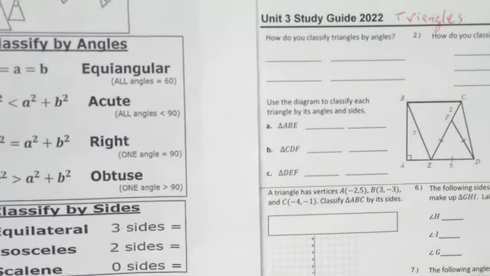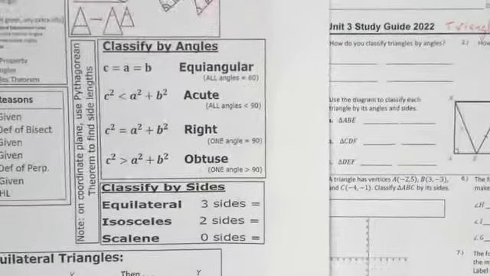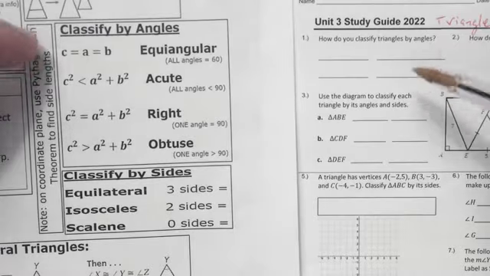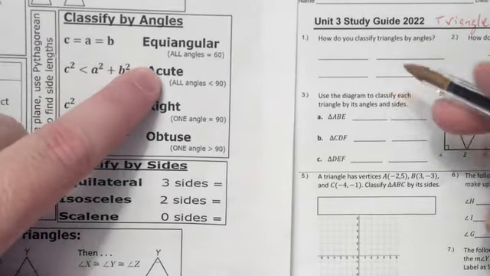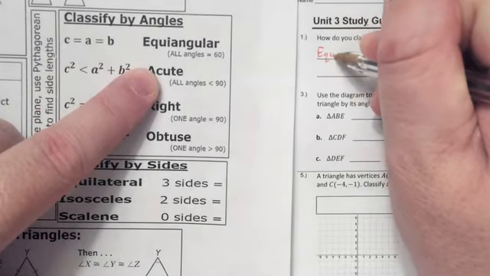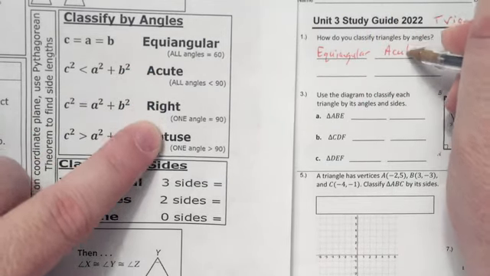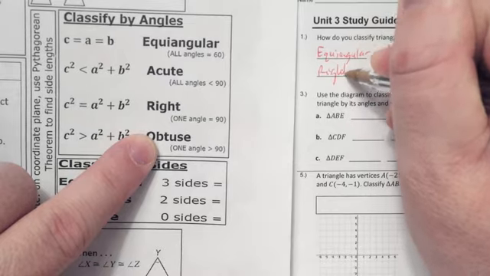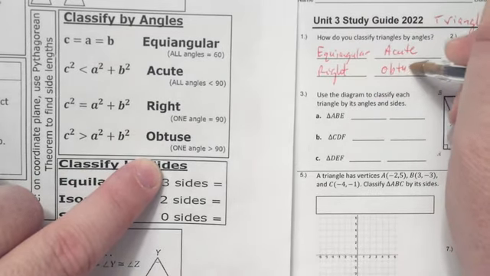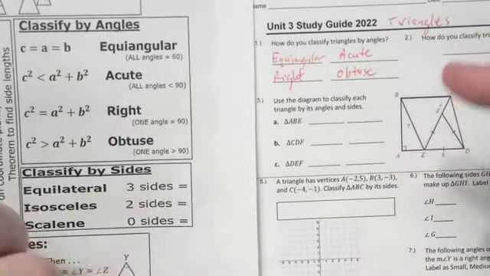All right, so zooming in here. Number one. In order to classify triangles by their angles, they are equiangular, acute, right, and obtuse. That's how you classify by the angles.